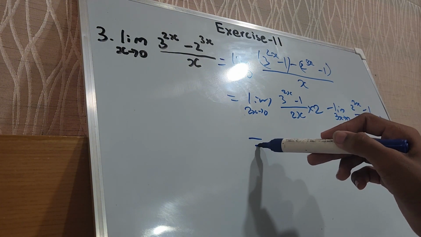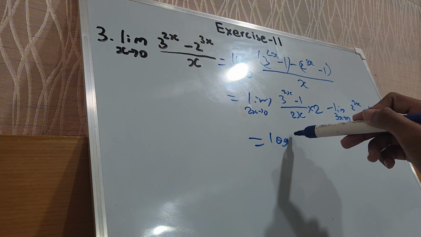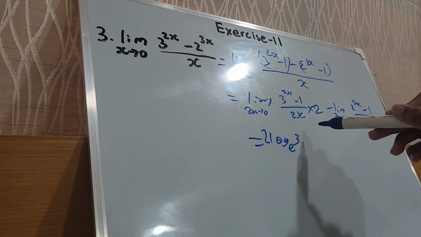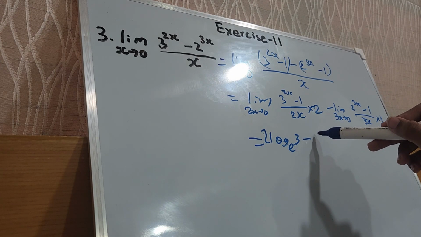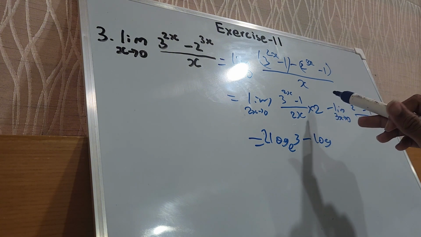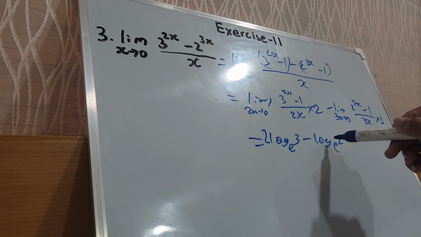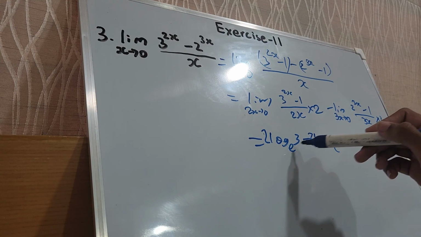So we'll get here log 3 to the base e, and then here 2, minus log 2 to the base e, and here we'll get 3.